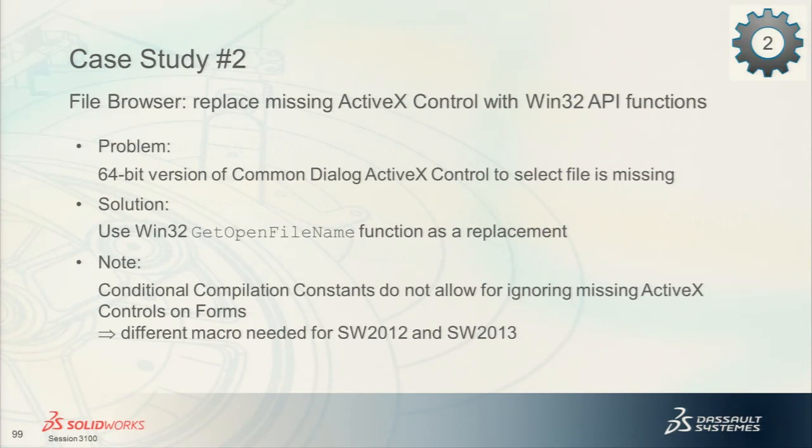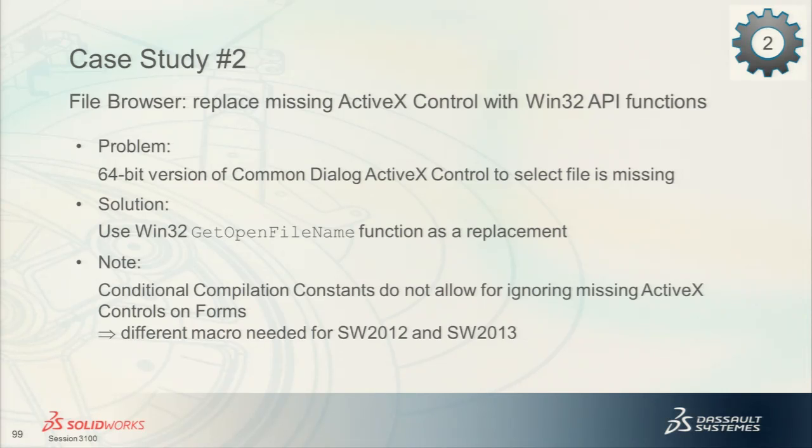Yeah, number 2. Here the problem was we don't have the active control to look for a file, and the solution was just to go one level below it and use the GetOpenFileName API that's available, and configure that. I've written a small example right here, my own little object in VBA, which has the exact same interface as we used: this is the starting path, this is the filter, now go look for it.